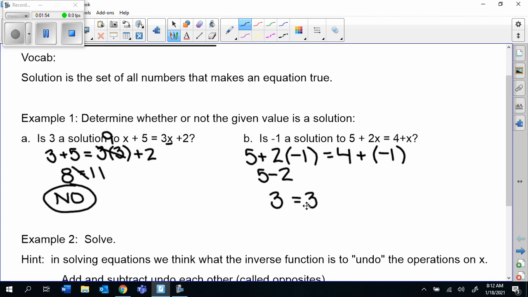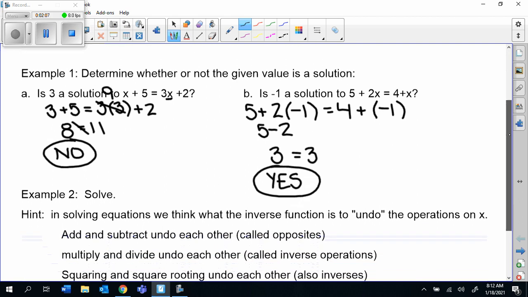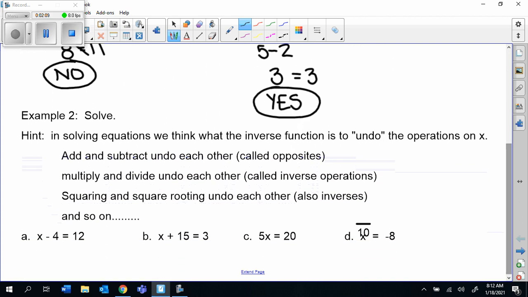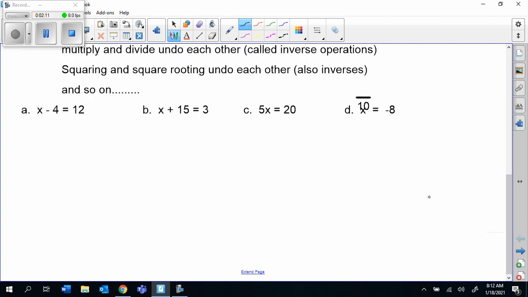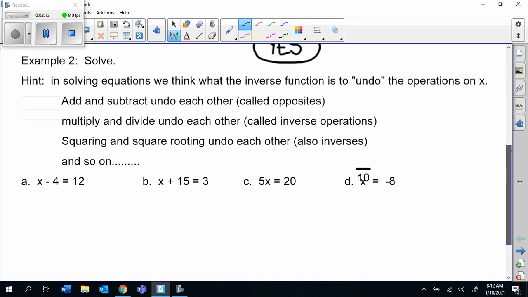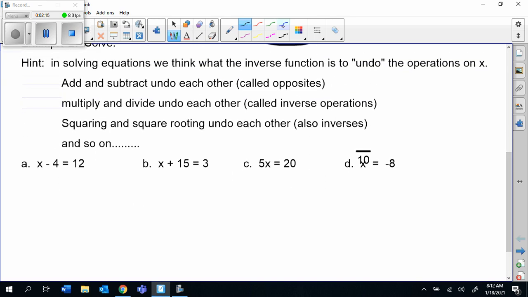And so we end up with the same number on both sides. And so that is how we determine whether or not something is a solution. I don't always go back and check all of my work. You are free to go and do that if you wish, but you're not going to see me going through that every single problem. But it is a way that you can check and make sure that you've done the math correctly.